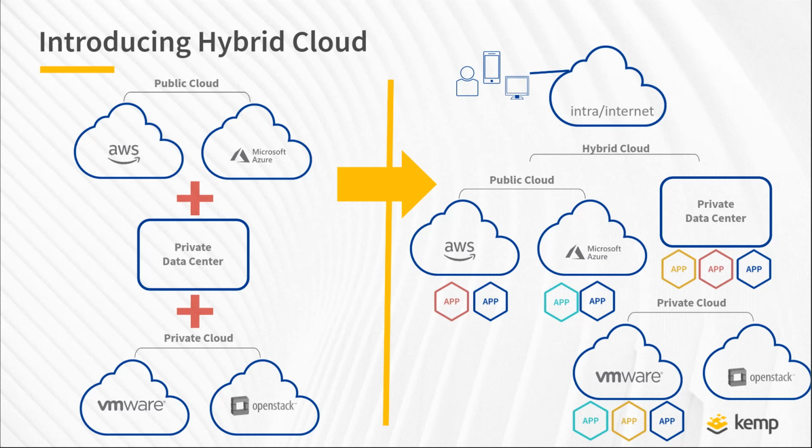Remember that initial AT&T NUC picture that I showed you? We're introducing a lot of complexity. So it's not just a person accessing the application through one system, whether it's private data center or something.